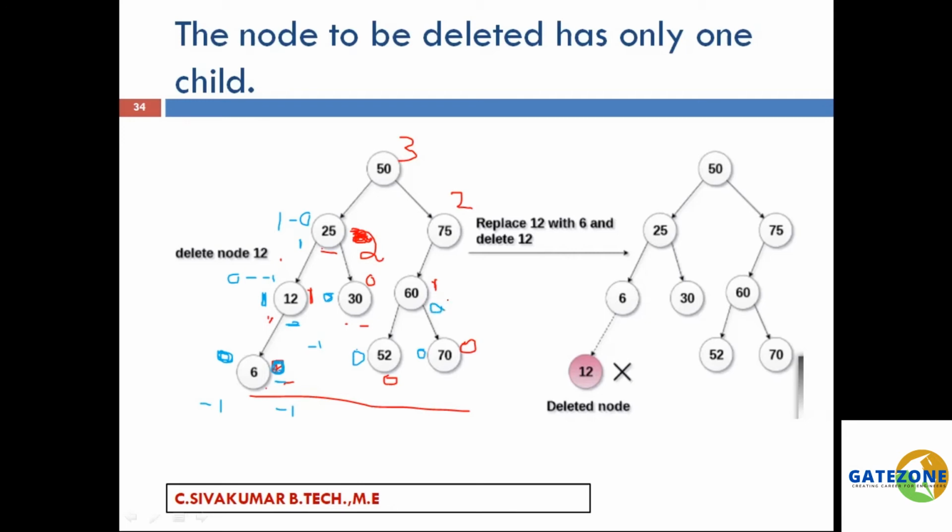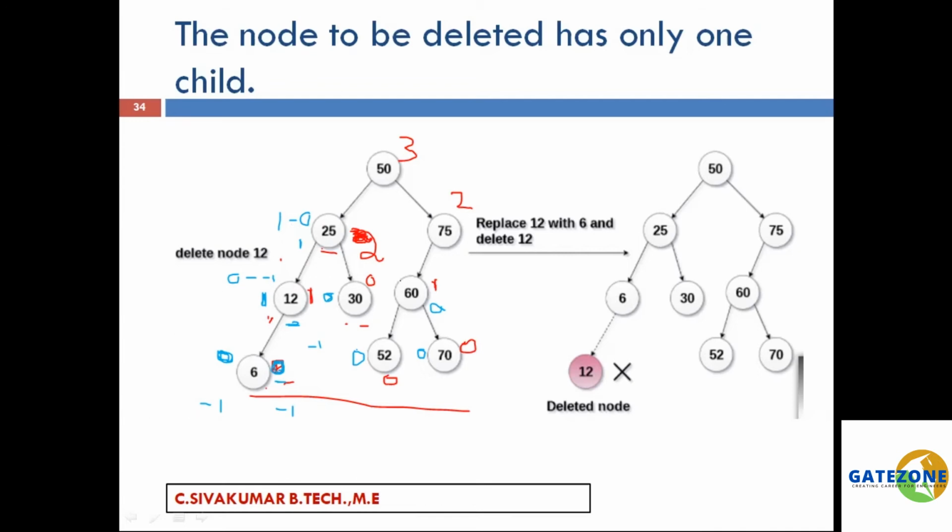Okay. So what is the balance factor of 75? 1. Is it correct? Yes. What is the height of left subtree? Which is the left subtree? Root of left subtree? 75 க்கு left subtree எது actually? 60. 60 oda height என்னது? 1.